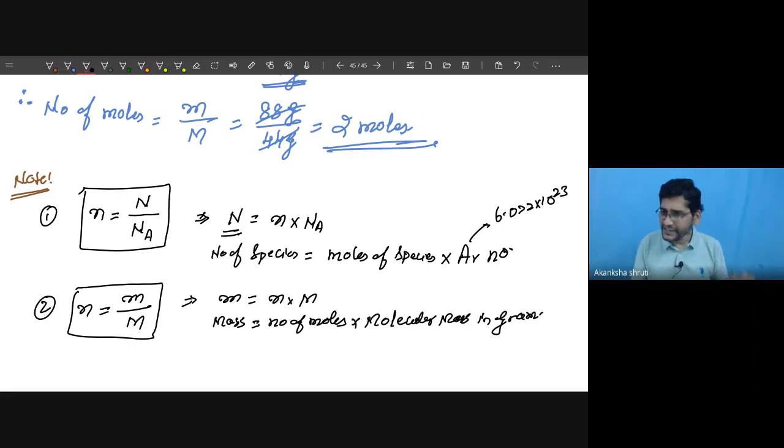Now, students, observe this. Here both are representing the number of moles. So the number of moles can be calculated from the number of particles or the mass of the particles.